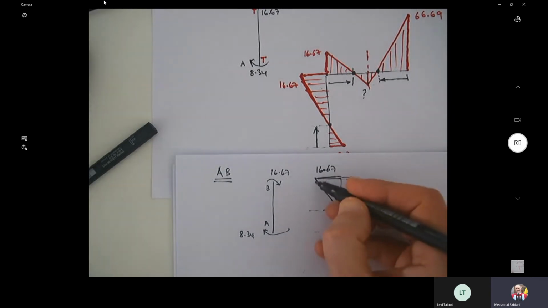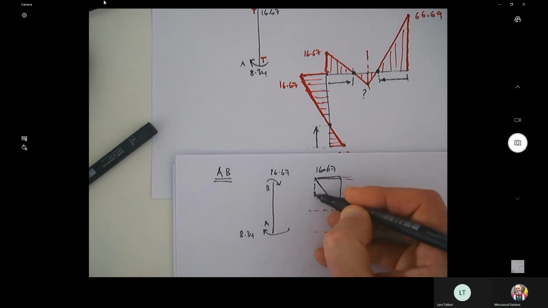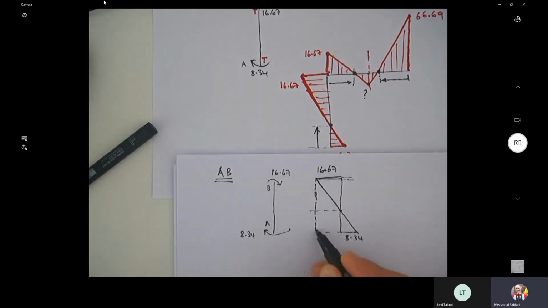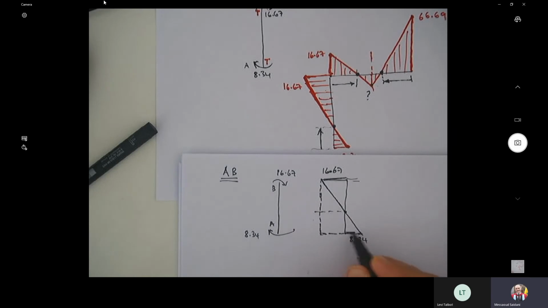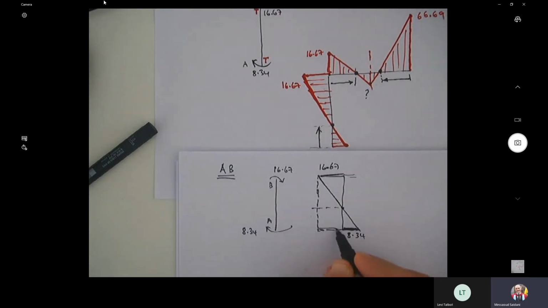If I draw a line here, can you see this line? This is 8.34, isn't it? You agree? What's this here? 16.67. You agree, everyone?